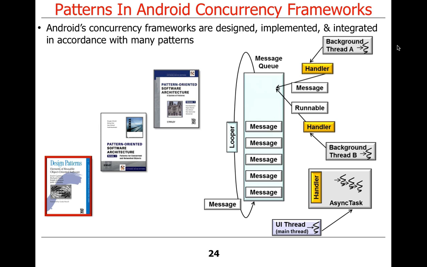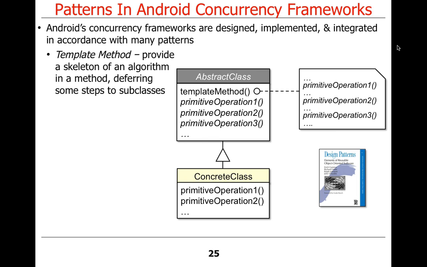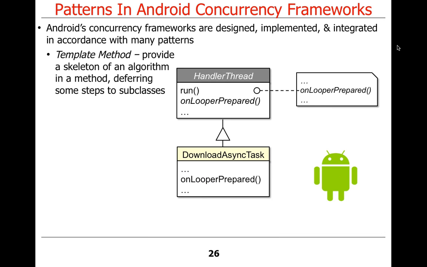There's also a bunch of Gang of Four patterns that are used. So you all know template method at this point. You have a template method that calls a bunch of primitive operations, which I like to call hook methods. And so that allows you to fix the steps here in one method and then defer to subclasses how to process those steps. And for example, as we'll see later on, Android defines something called the handler thread.